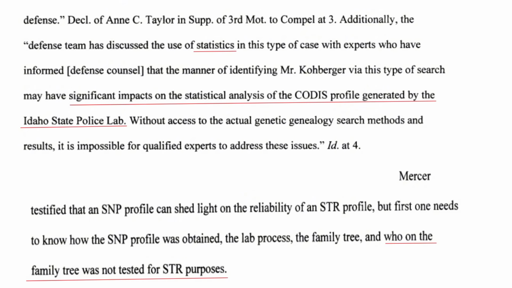And you can see it says, additionally, the defense team has discussed the use of statistics in this type of case with experts who have informed defense counsel that the manner of identifying Mr. Kohberger via this type of search may have significant impacts on the statistical analysis of the CODIS profile generated by the Idaho State Police Lab.